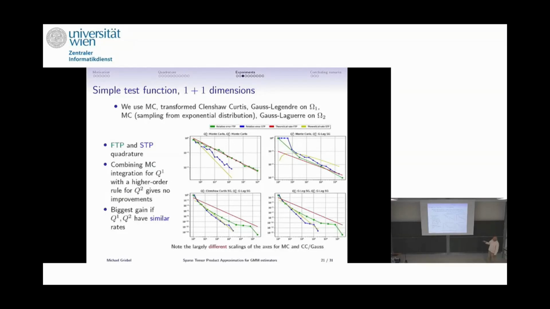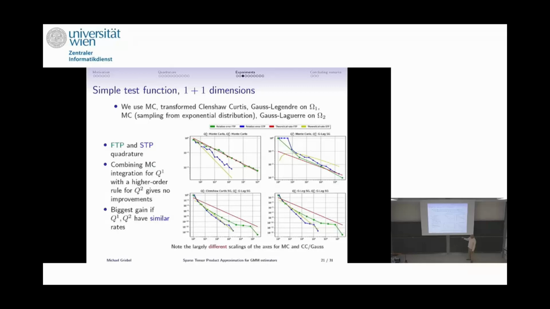Same thing here. We do Clenshaw-Curtis for the outer quadrature and Gauss-Laguerre for the inner one. And then we get this advantage and see here that the accuracy goes to 10 to the minus 2 with 10 to the 5 degrees of freedom. This is a completely different scale.